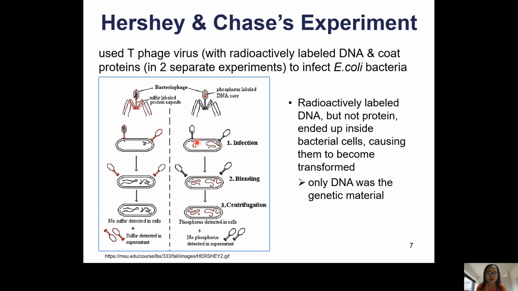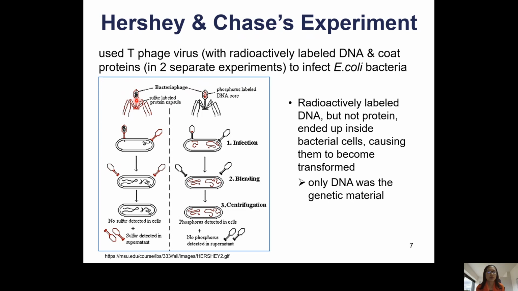Now we'll see from the picture. There are two bacteriophage treatment groups here. Bacteriophage is the name of the virus, to be more specific. Looking at the left one, the sulfur in the protein capsule of the virus was radioactively labeled.